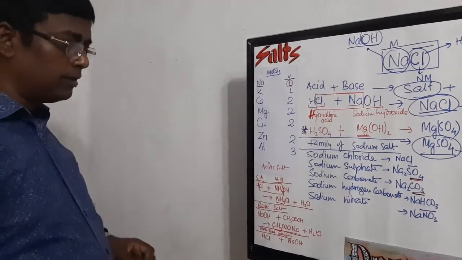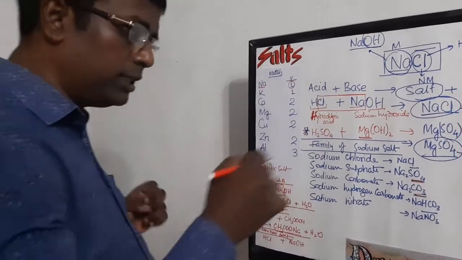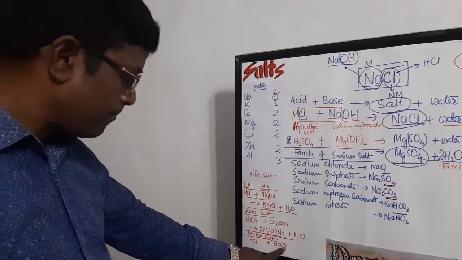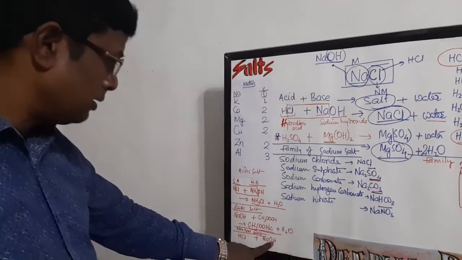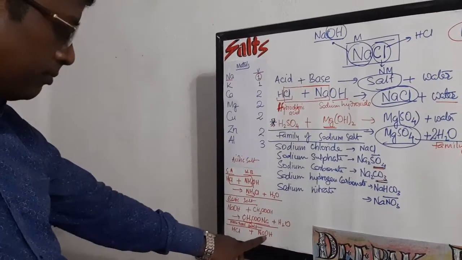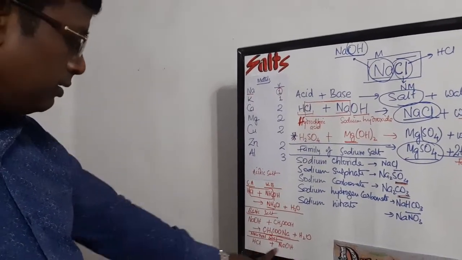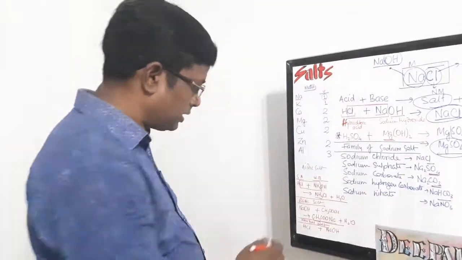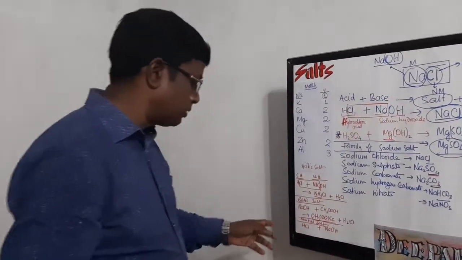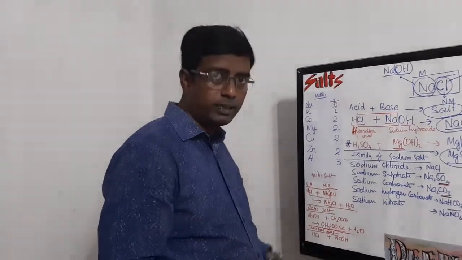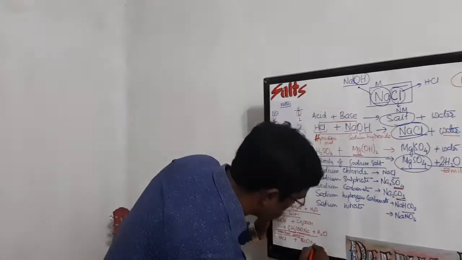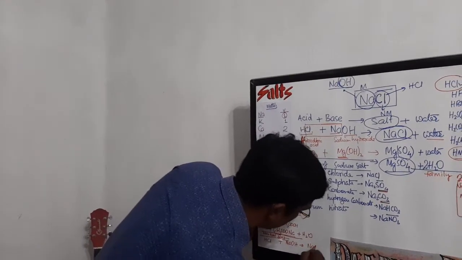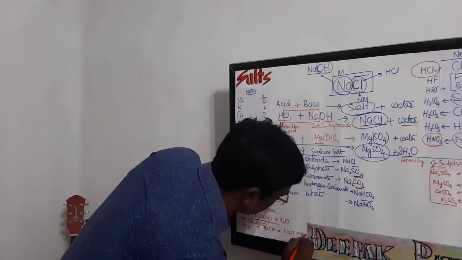I have told you earlier, the pH range extends from 0 to 14. 7 is the neutral value here. Sodium hydroxide is the strongest base, alkali we call it, because it is readily dissolved in water, and HCl has a pH value of 0, the most acidic. So this is a classic case of strongest acid and strongest base. It forms a neutral salt. The neutral salt is obviously NaCl plus H2O.